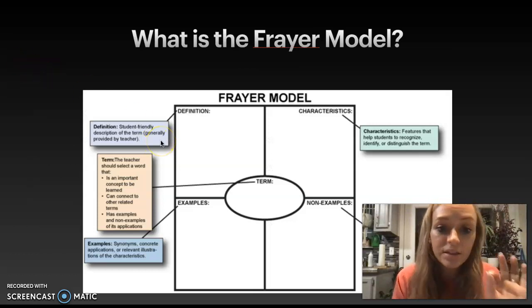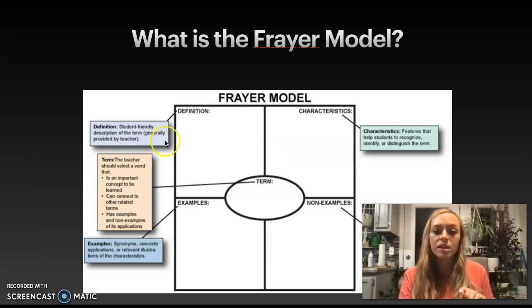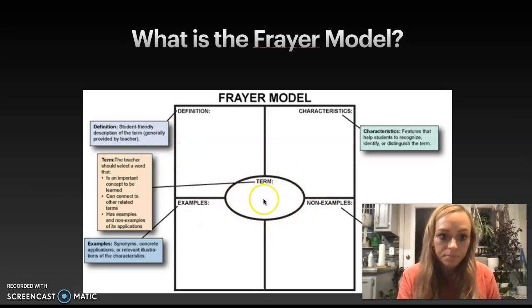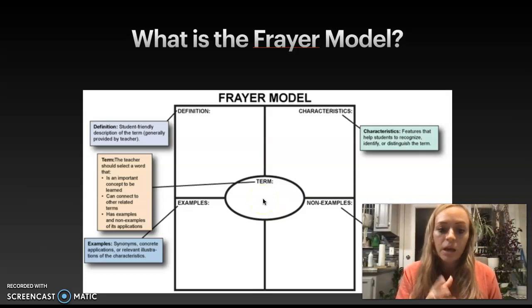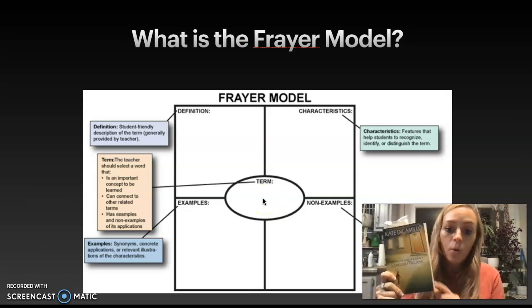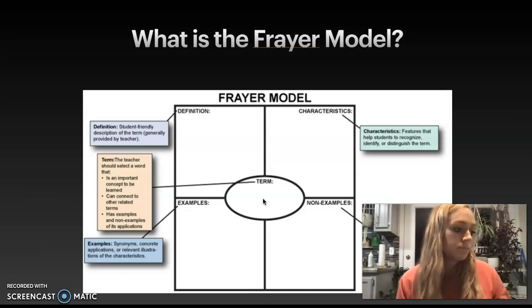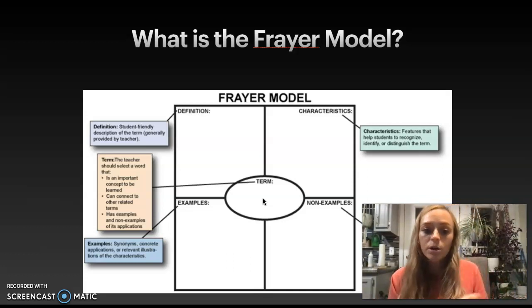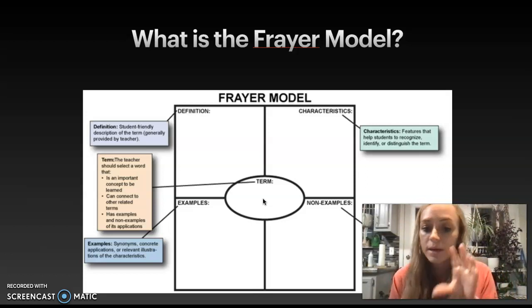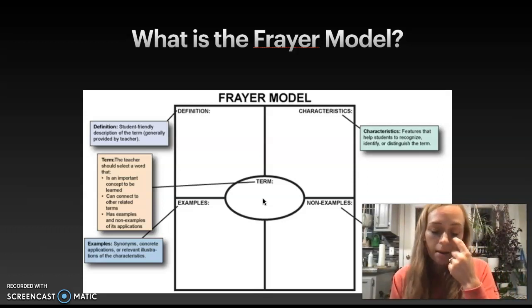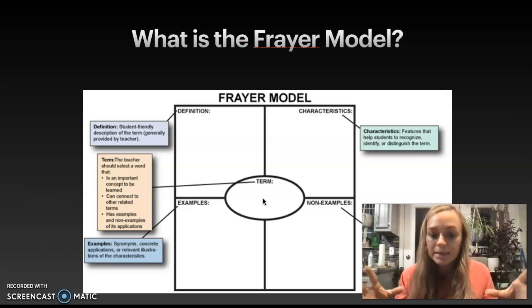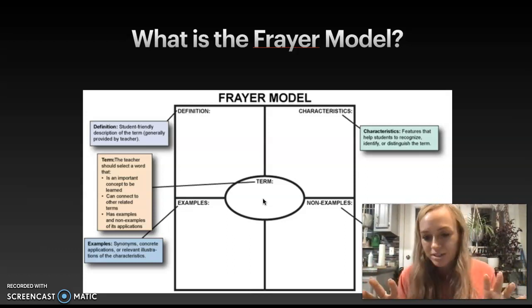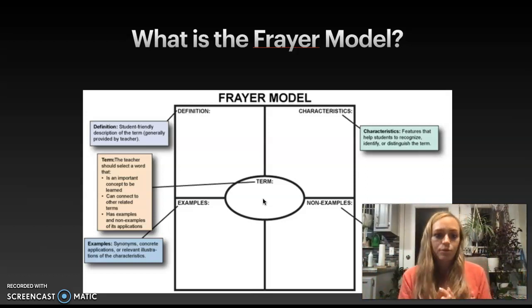So what is the Frayer Model? You have the term here, and that term is going to be determined by the teacher. You can take it out of a book, or if you come up with some vocabulary words, anything like that can go into the term section. Another great part about the Frayer Model is that it can be used widely in any content area. So it is amazing for that.